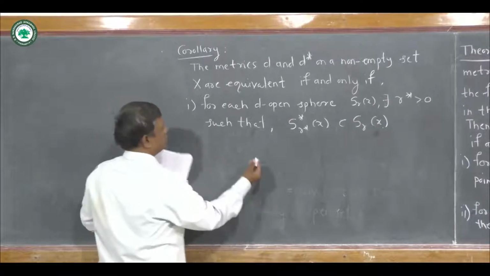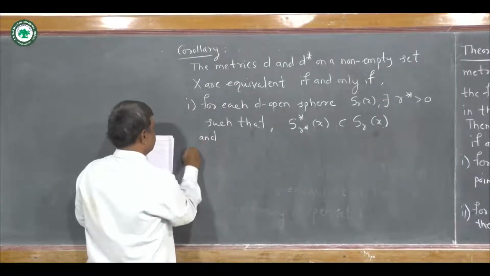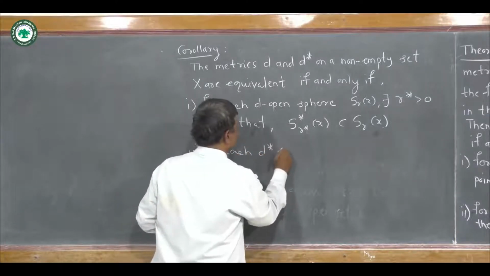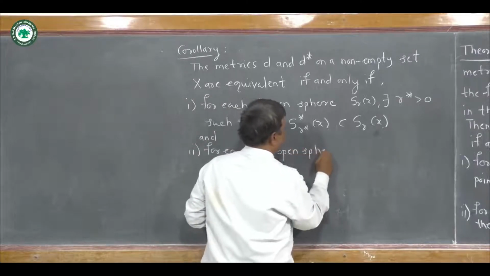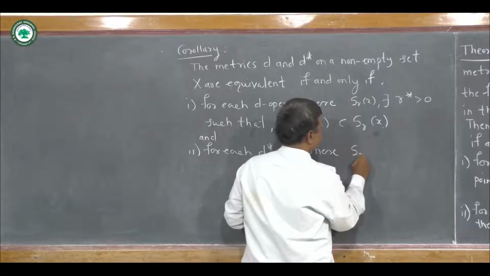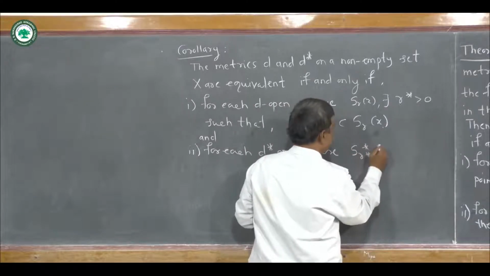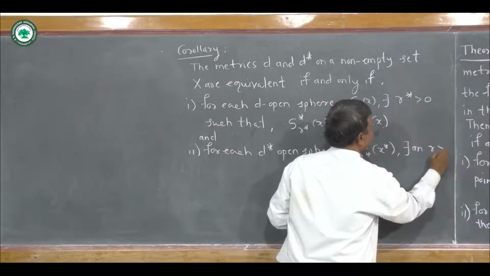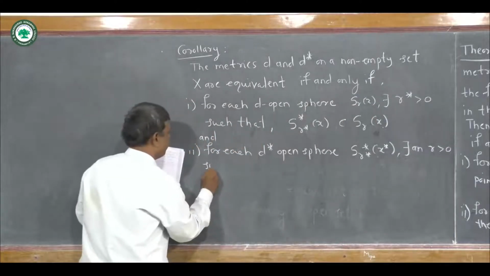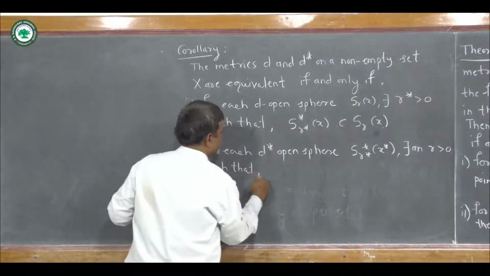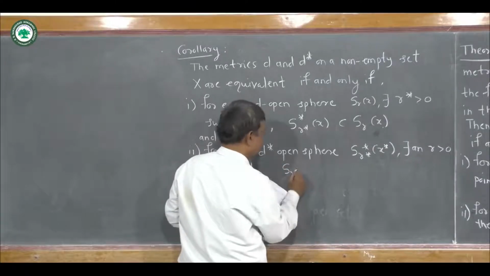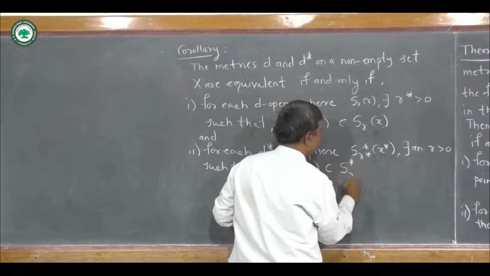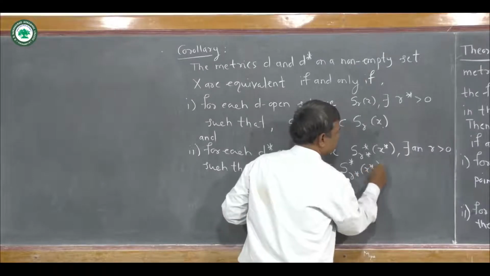Then the second is that for each D star open sphere S star R star X star, there exists an element R greater than 0 such that the open sphere S R X star is contained in the open sphere S star R star X star.